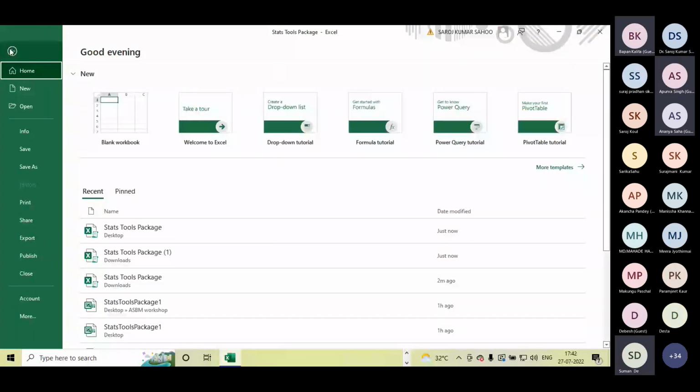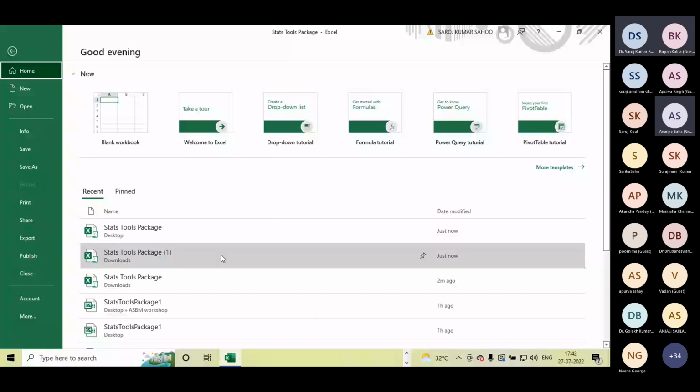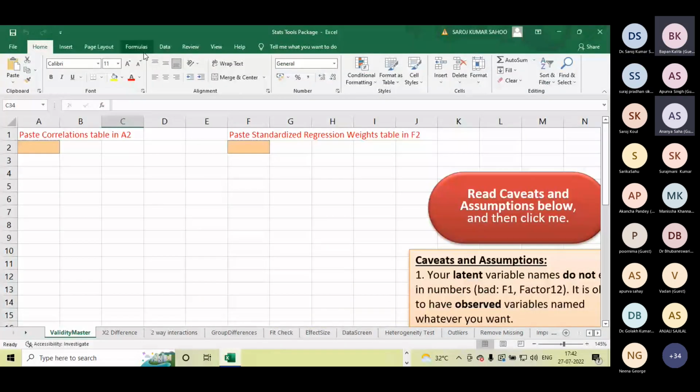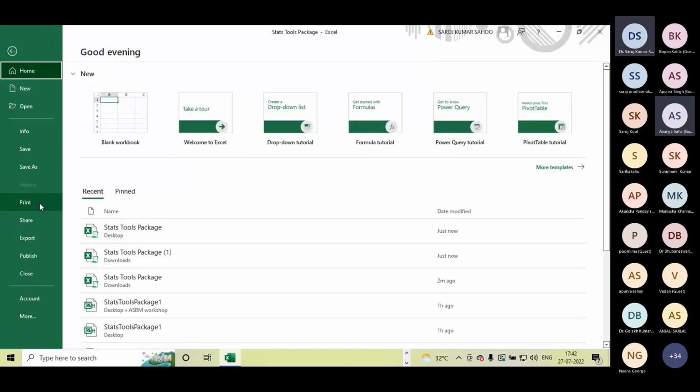Somewhere there is a macro enable. I do not know where it is. Enable the macro. Where is enable macro?